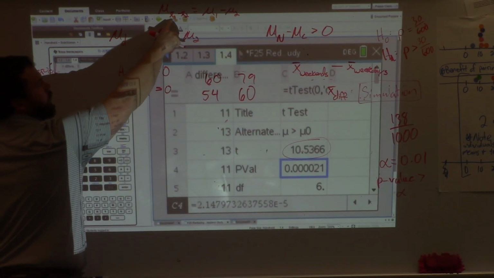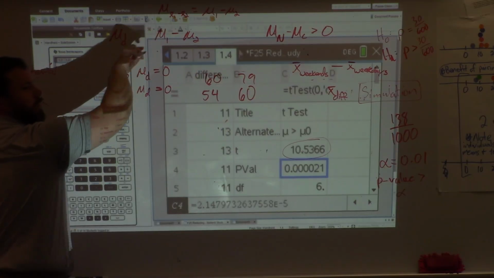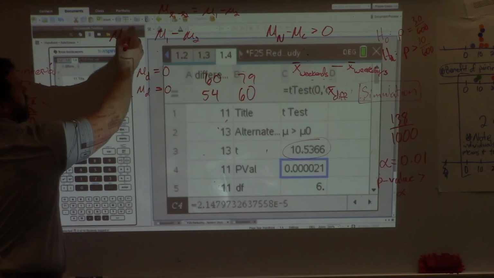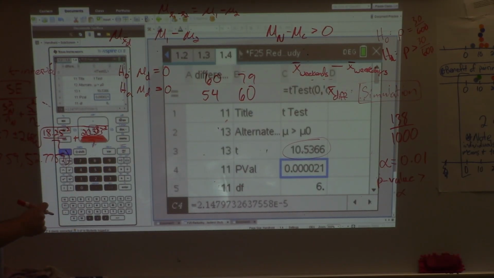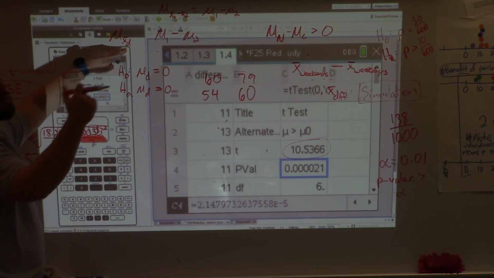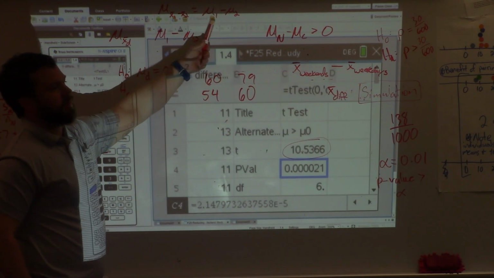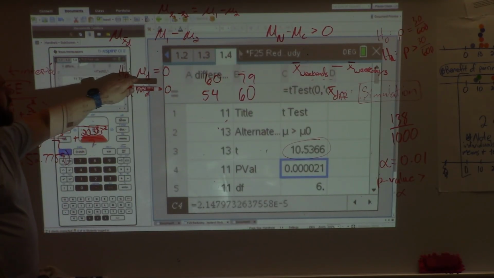But here it's going to be the sample mean of the differences, because remember, the mean of the statistic is the parameter from our sampling distributions unit. But just leave it like this. Don't sweat that detail. It's going to be the mean of the differences.